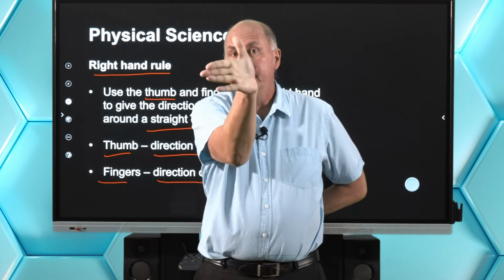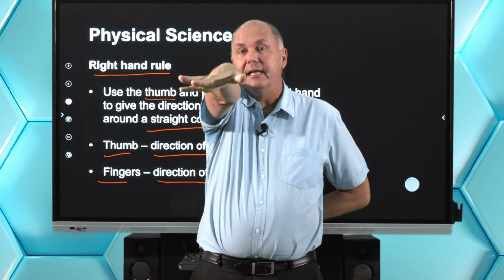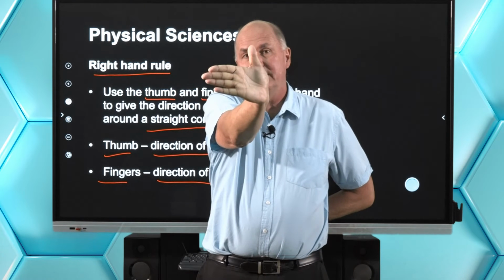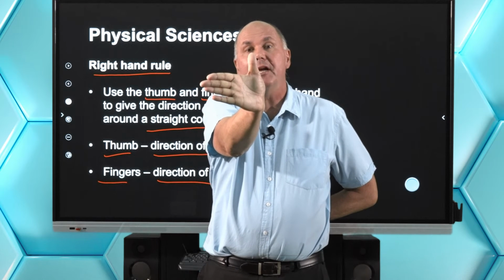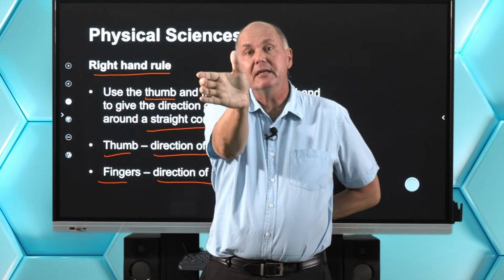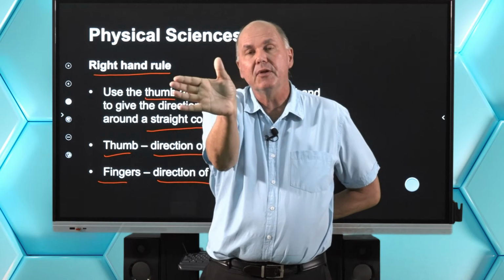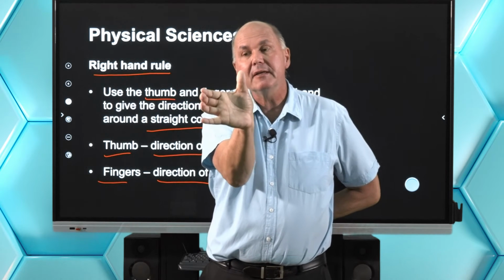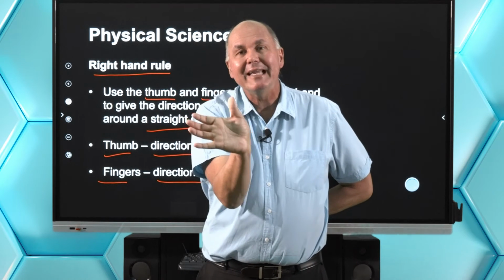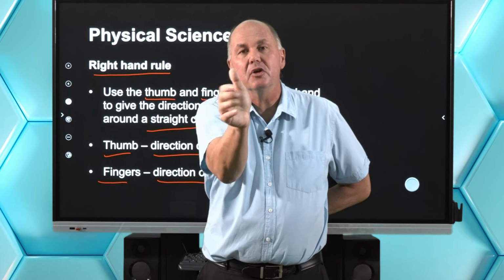The thumb that I'm pointing out in front of you, that's coming towards you now, directing upwards, would show the direction of the current. The fingers will show the direction of the magnetic field. And the thing about the fingers is that they curl, so they can give us the direction in a circular motion.